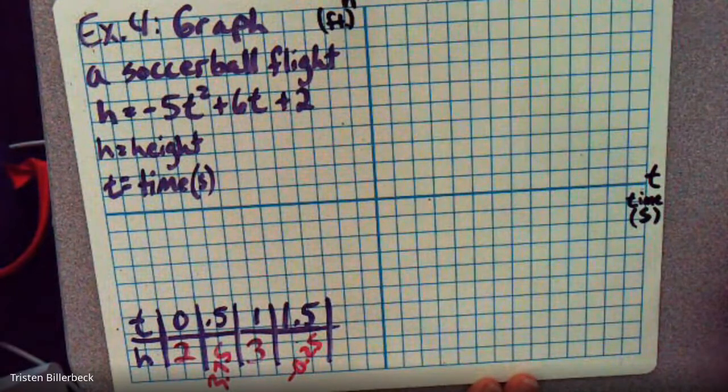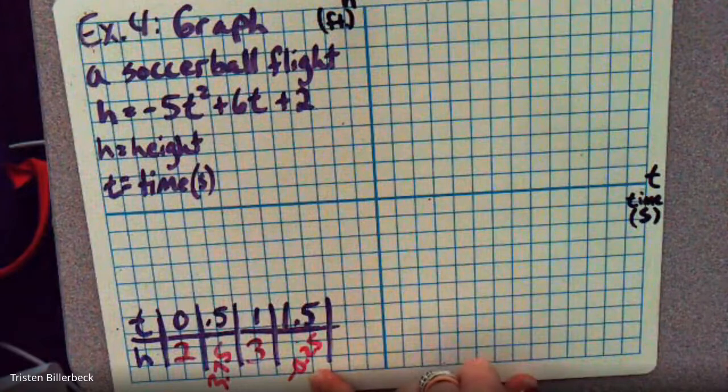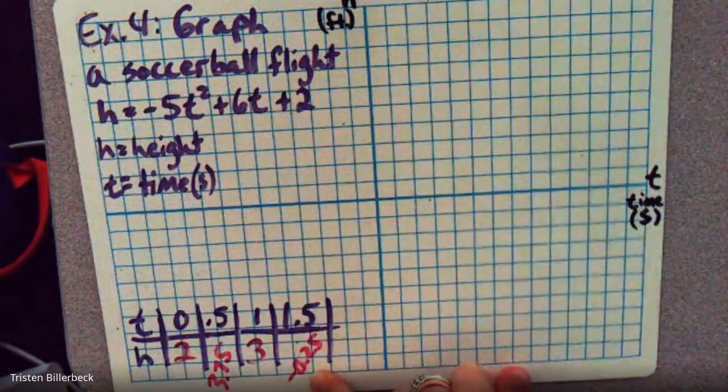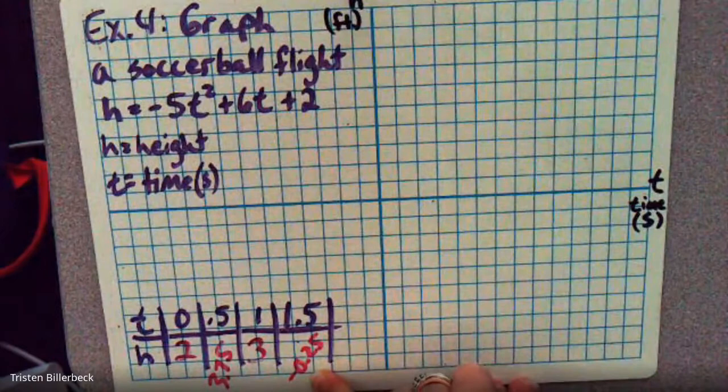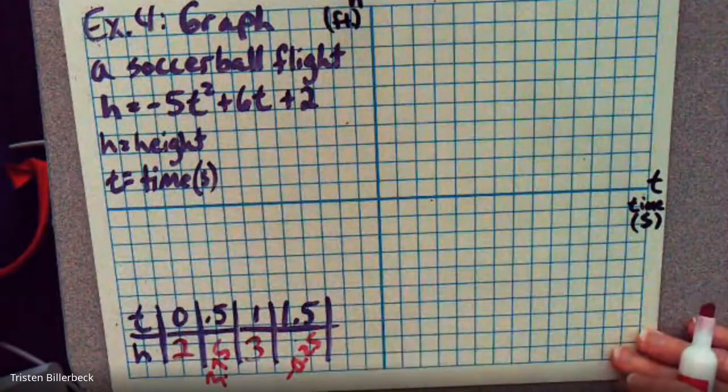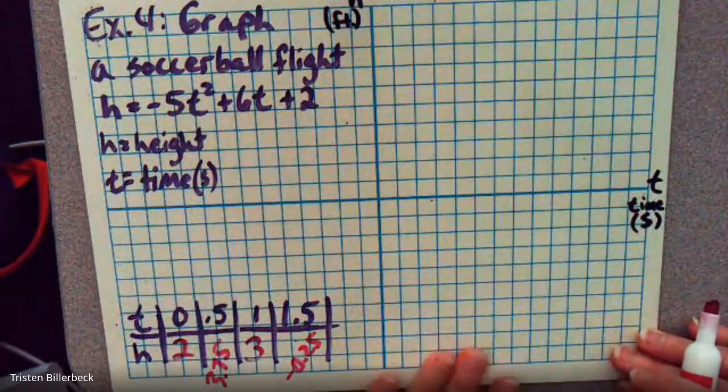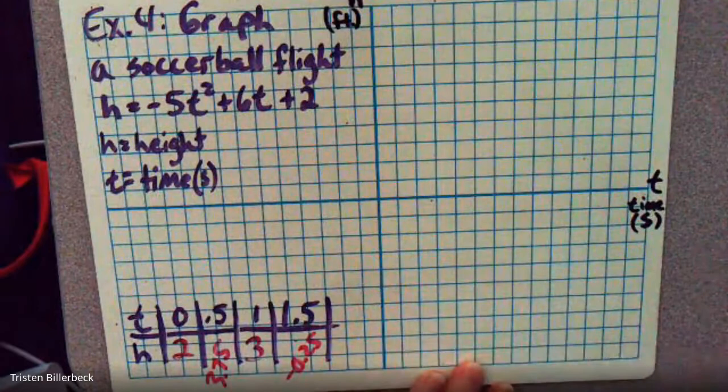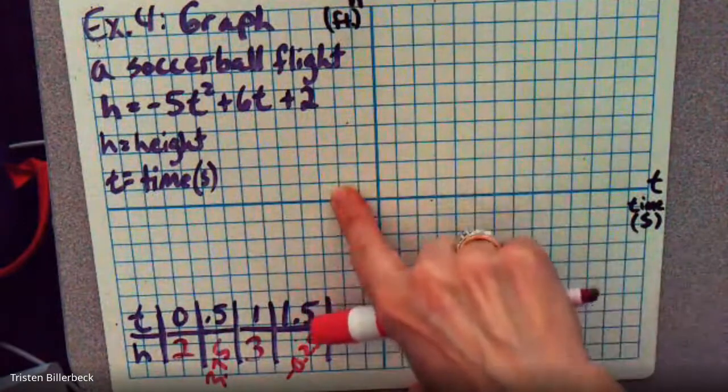The height is 0 when it hits the ground. So this is bogus. You can't go below the ground unless, you know, you really kicked it and it made it into a beaver's den or something.